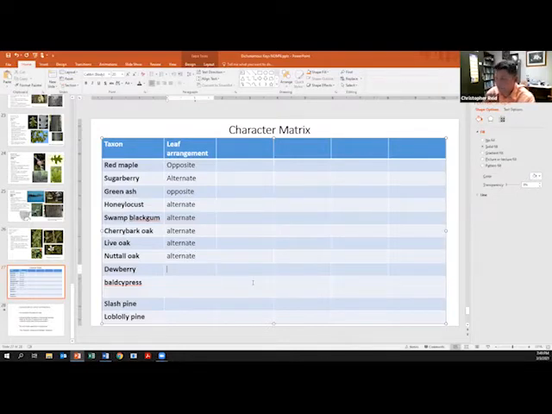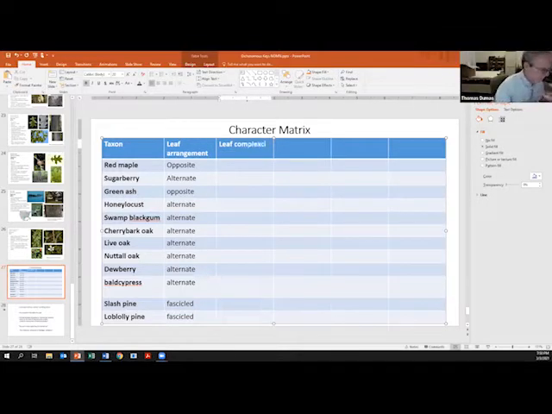Dewberry. Alternate. Okay, technically alternate. We're going to go with fascicle. Leaf arrangement in pines really doesn't have any meaning, and they're all just bundled together at the tip of that determinate short shoot. So that's it.